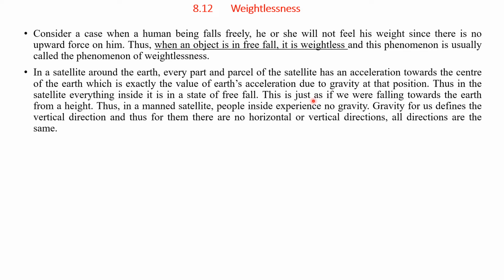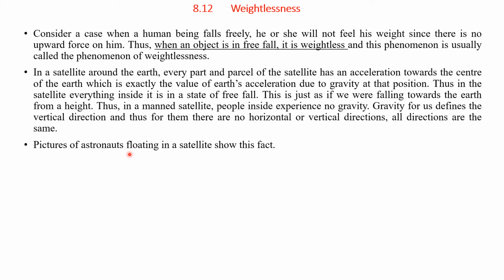This is just as if we were falling towards the Earth from a height. Thus, in a manned satellite, people inside experience no gravity. The gravity for us defines the vertical direction, and thus for them there are no horizontal or vertical directions. All directions are the same. Please note down.